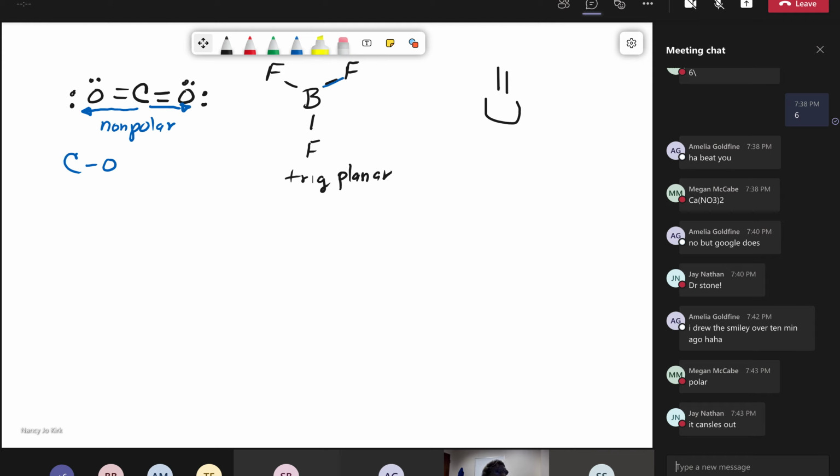They all pull equally in 3 different directions. It is very symmetrical. And here, just as Jay said for carbon dioxide, the bond dipoles cancel. So this is nonpolar.